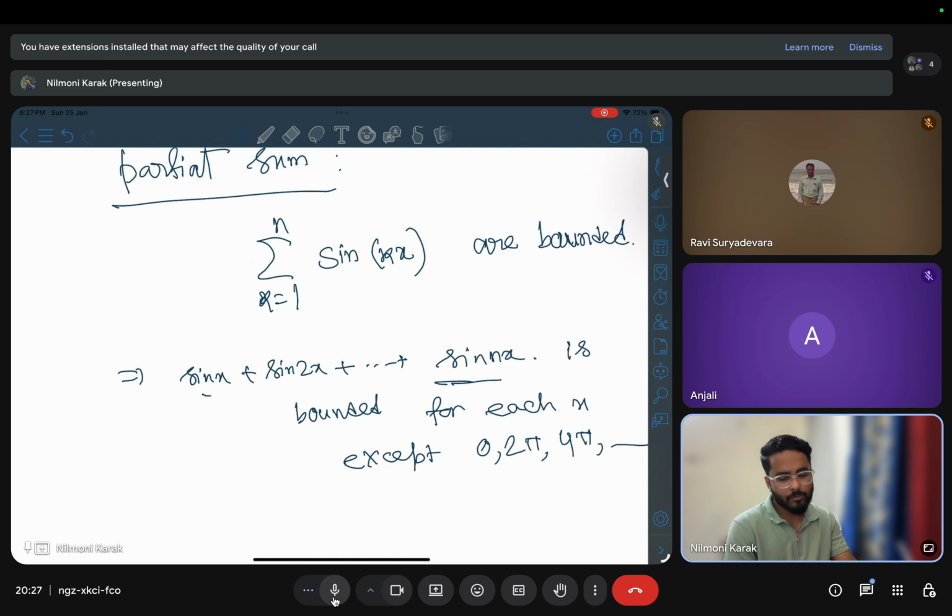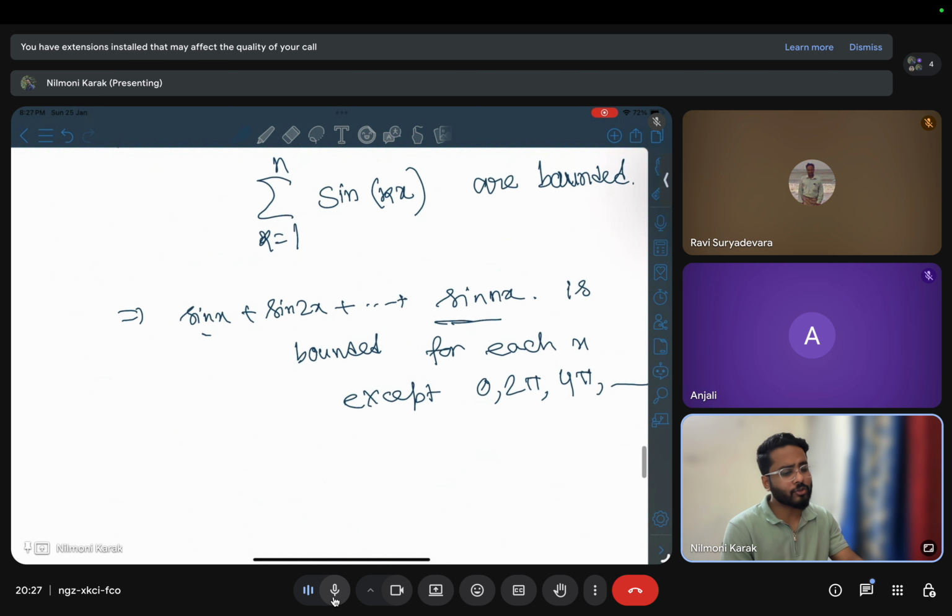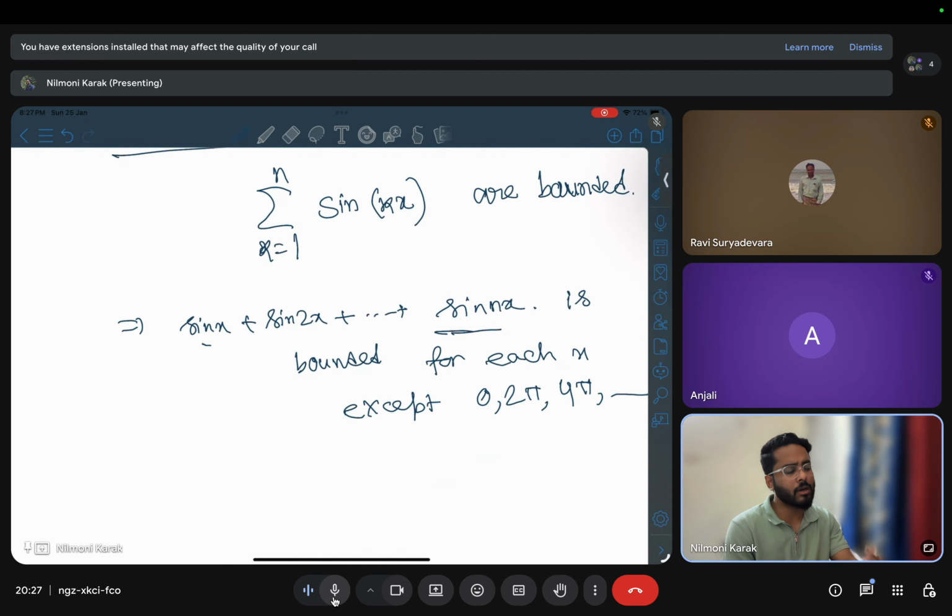Actually in the denominator there will be sine theta by 2. If you sum this, in the denominator there will be sine theta by 2, so for 0 this is undefined, for 2 pi this will be pi, for 4 pi this will be 2 pi, and so on. So that's why it is bounded for each x except these.